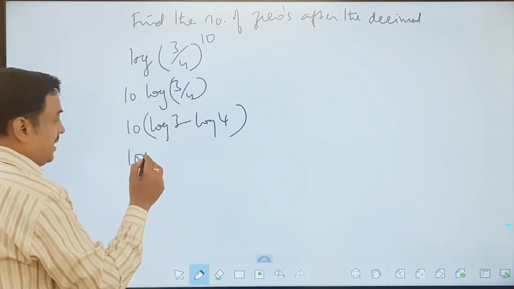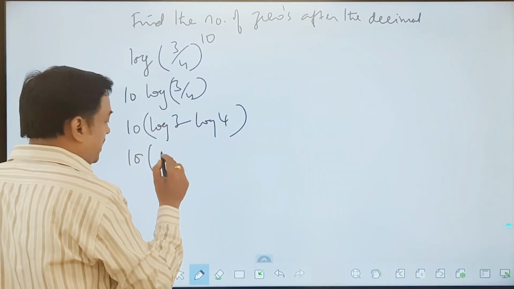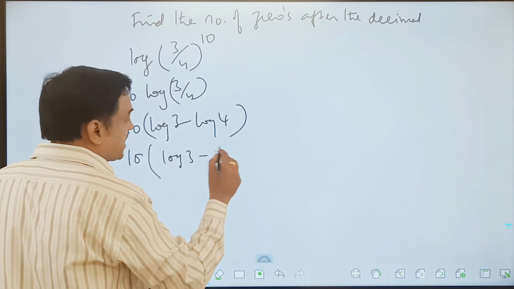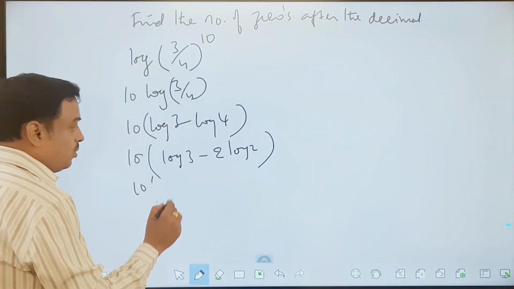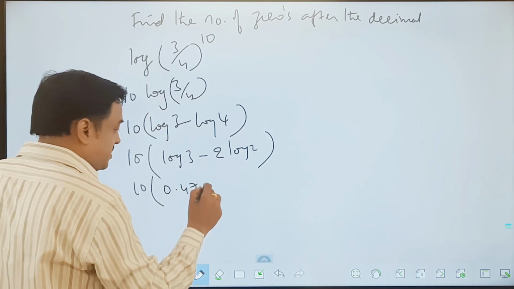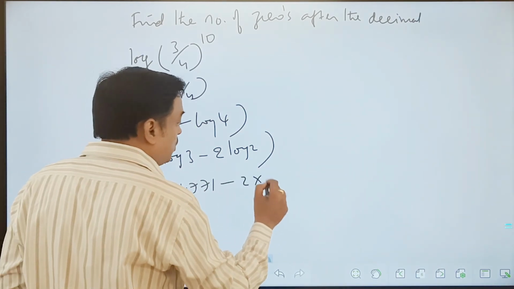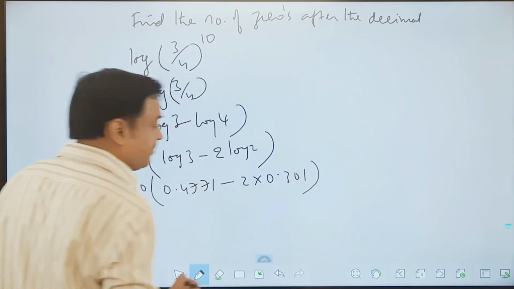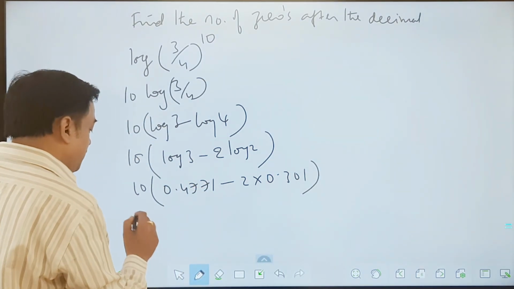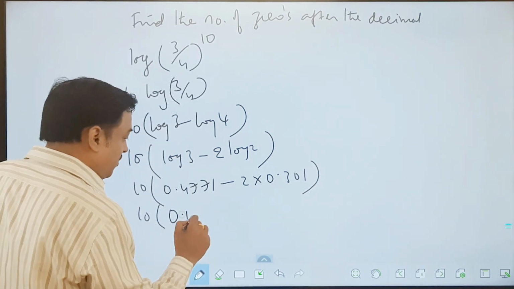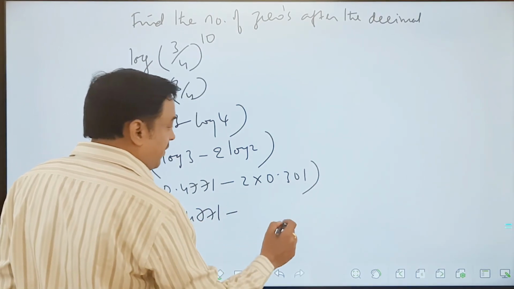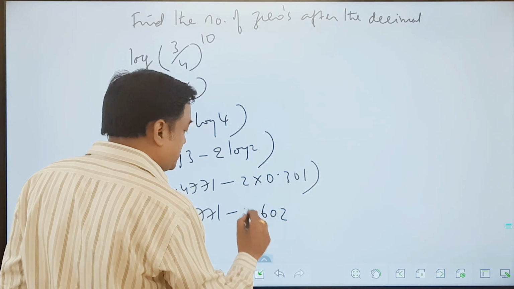And this will be 10 into log 3 value, minus, can I write log 4 as 2 log 2? Fair? This is 10 into (0.4771 minus 2 into 0.301). Now the values will be 10 into, if I multiply them, 0.4771 minus 0.602.